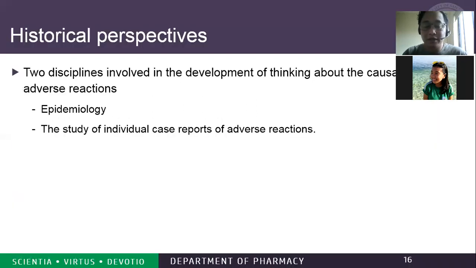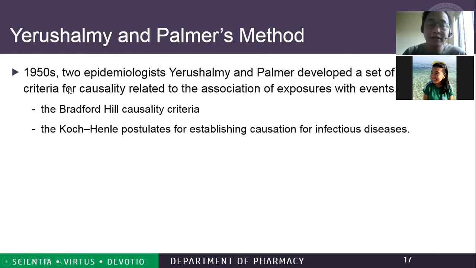This is only a short history of the development of the causal relationship between adverse events and drugs. There are two disciplines involved: epidemiology and the study of individual case reports of adverse reactions. In the 1950s, two epidemiologists, Yerushalmi and Palmer, developed a set of criteria based on Bradford Hill's causality criteria.